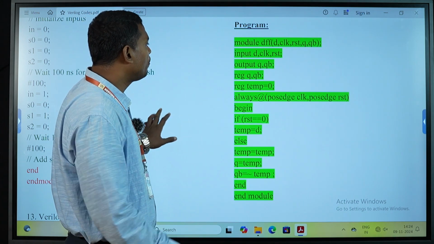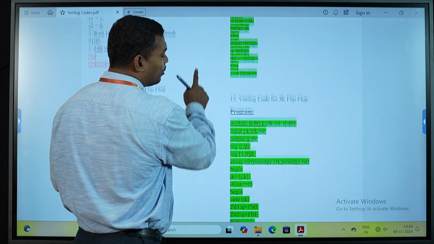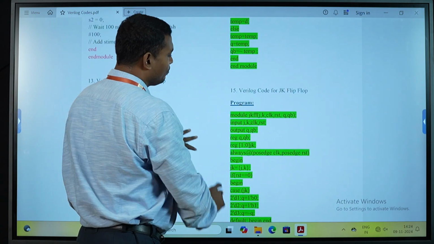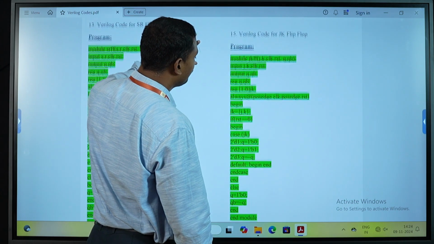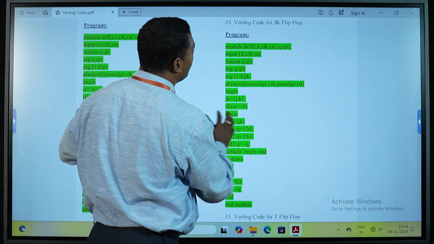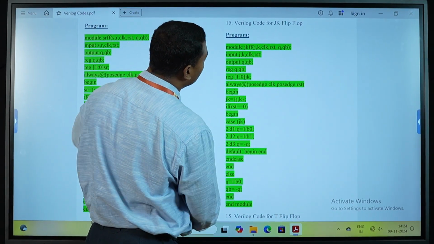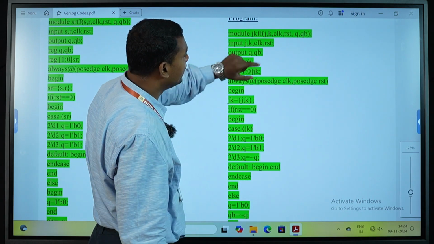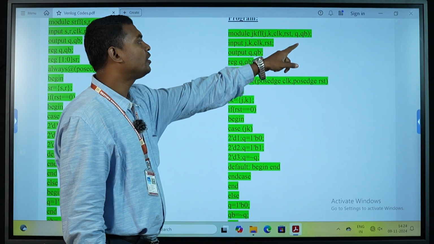Now after D flip flop, we have one more flip flop. Let's get into that one, that is JK flip flop. So this is the JK flip flop. Here similarly we are declaring the module with J and K as my input values, clock, reset, Q, Q bar.